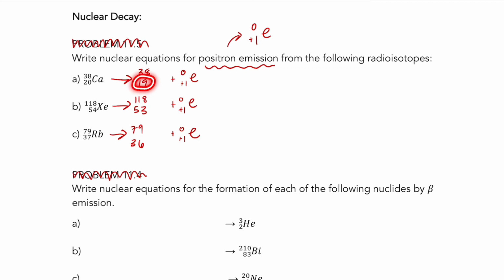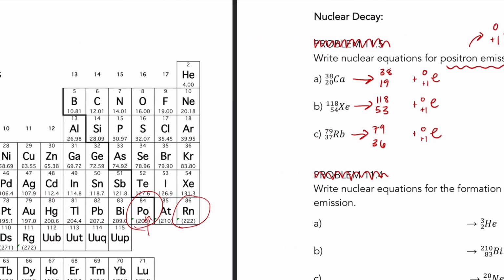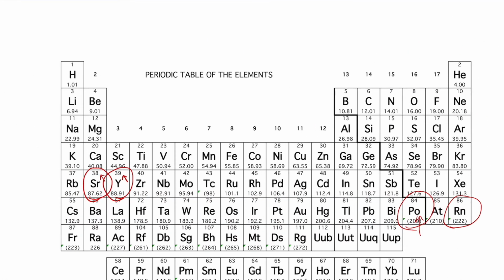So these are what I take back to the periodic table. I need to figure out what's atomic number 19, what's atomic number 53, and what's atomic number 36. So 19, 53, 36. 19 is potassium. 53, where's 53? 53 is iodine.